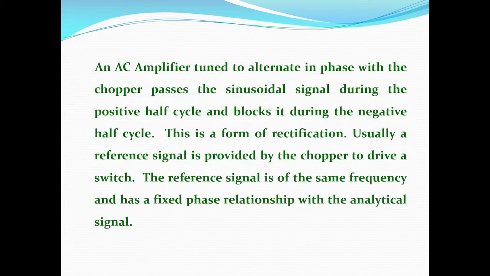This is some form of rectification only. Usually a reference signal is provided by the chopper to drive a switch. So, this switch is made automatic. The reference signal of the same frequency has a fixed phase relationship with the analytical signal, which will keep on giving you the same amount of absorbance over several seconds of measurement.